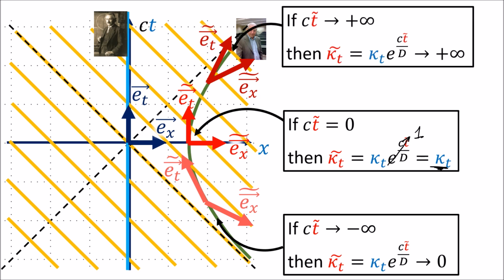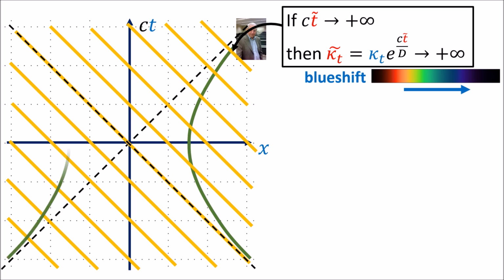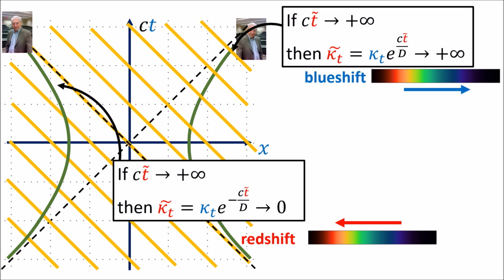Then at very positive times, far into the future, Rindler sees a frequency that approaches infinity, because he is running towards the source of the wave very fast. So an observer accelerating towards a light source will observe continuous blue shift, where the light wave's frequency gets higher and higher. And an observer accelerating away from a light source will observe continuous redshift, where the light wave's frequency gets lower and lower.